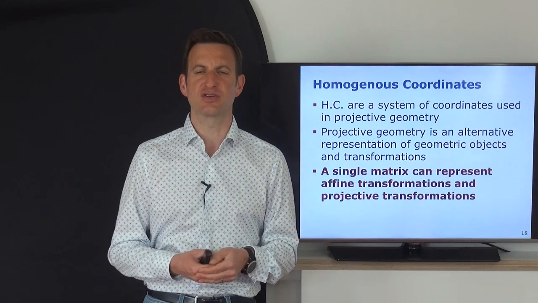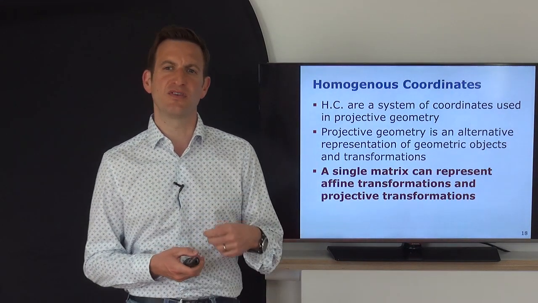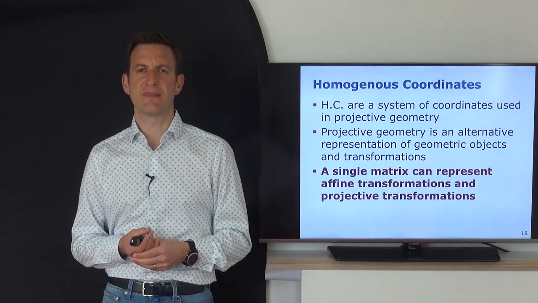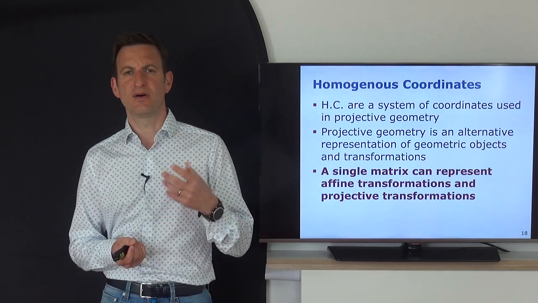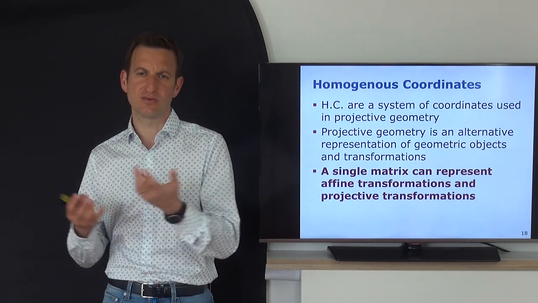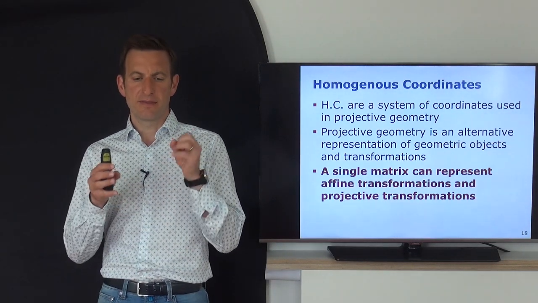We're using it because in homogeneous coordinates, a single matrix can represent all affine or even projective transformations. And that's attractive for us because we will be using rotations and translations, so rigid body transformations, which are a subset of those, through matrices.